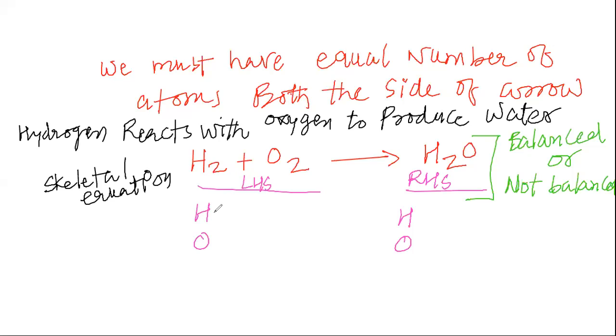How many hydrogen atoms are present on this side? We can see that there are 2 hydrogen atoms. How many oxygen atoms? 2. When you look at this side, we have 2 hydrogen atoms, but only 1 oxygen atom. So we can easily understand that the equation is not balanced.